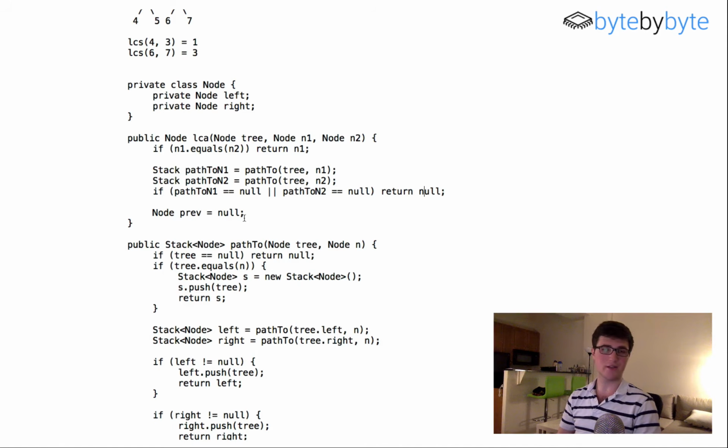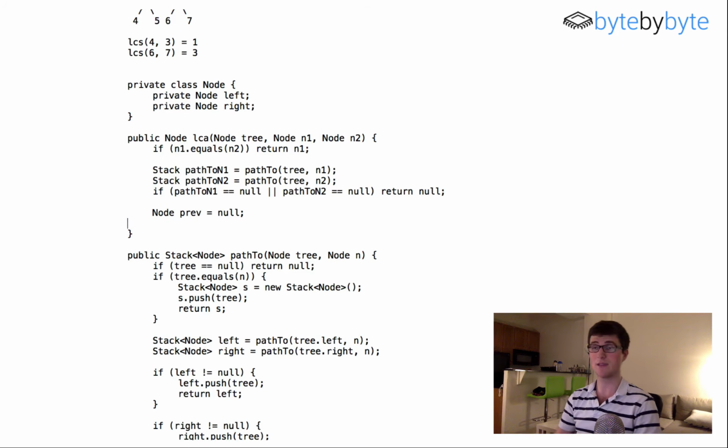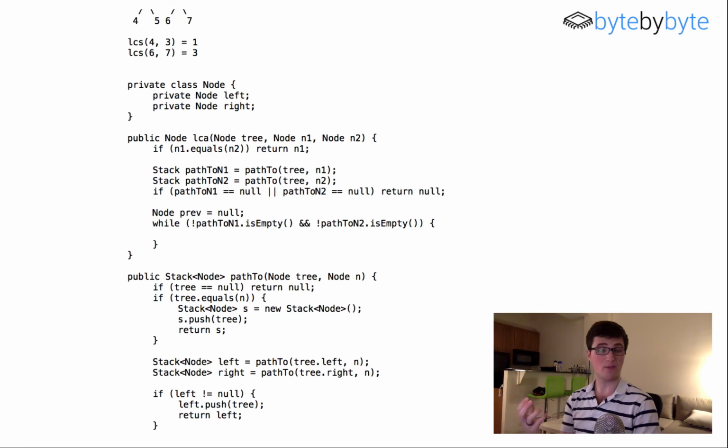But the compiler doesn't know that, so the compiler would complain if I just did this and then returned prev. It would say that it could be uninitialized. So we have to set it to null in this case. And then otherwise, I'm going to do while both stacks are not empty. So while not path to n1 is empty, and not path to n2 is empty, I'm going to pop off both and compare them.